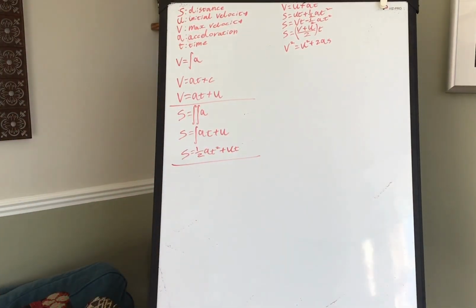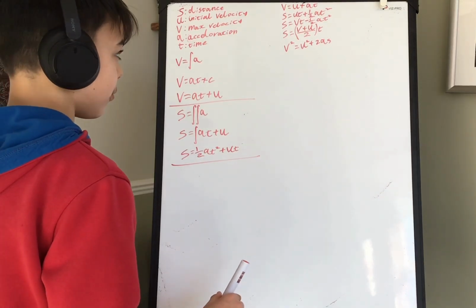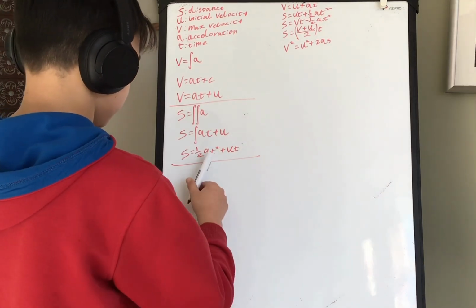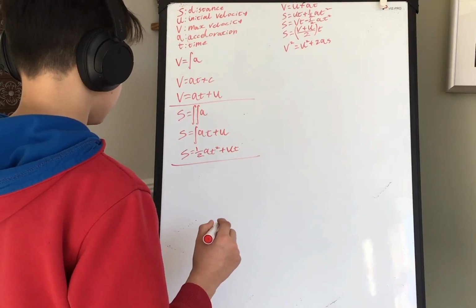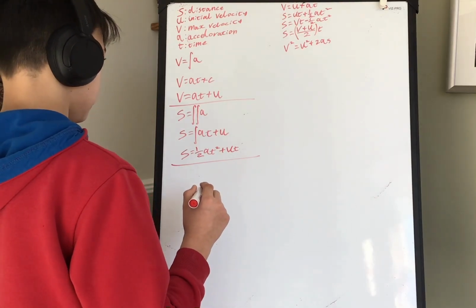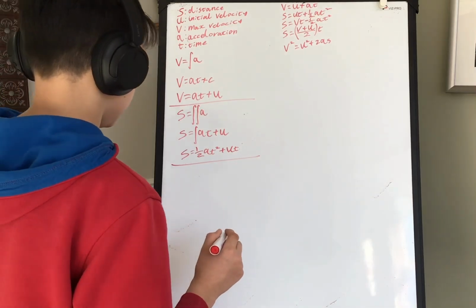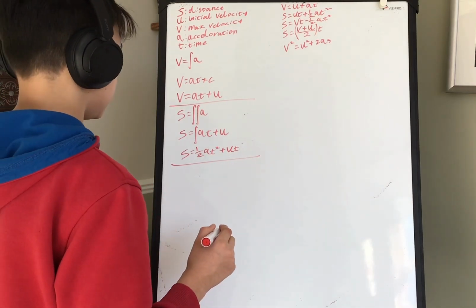The third one, we're going to make a little formula and then substitute it into this one. What we're going to do is write UT in terms of VT.